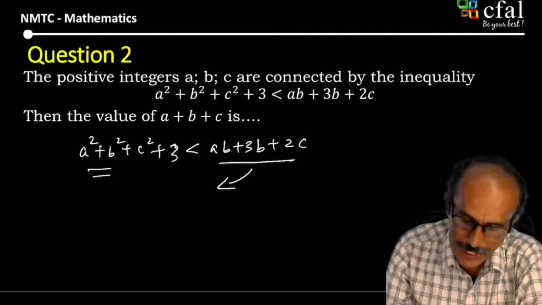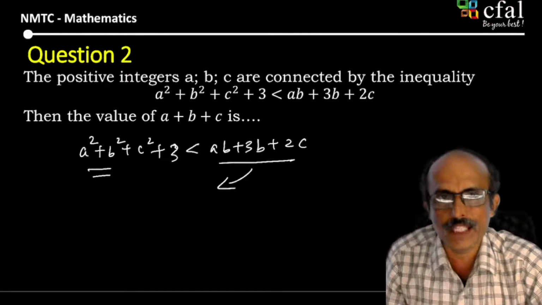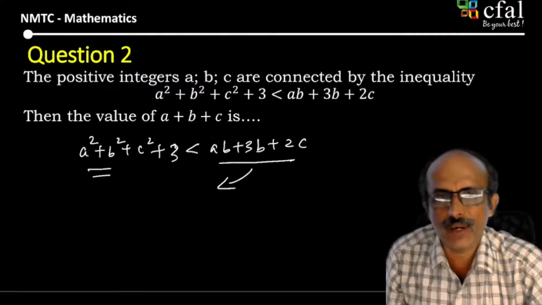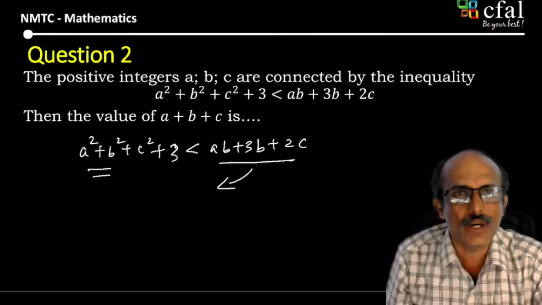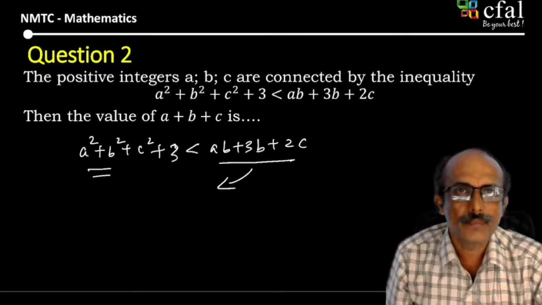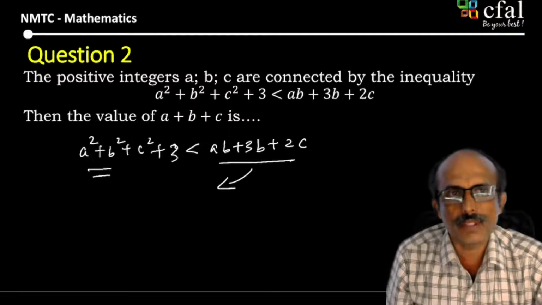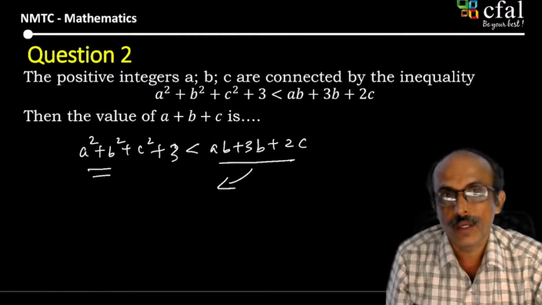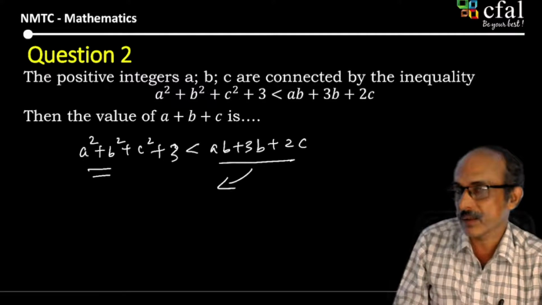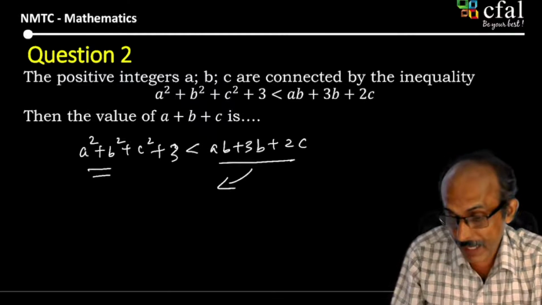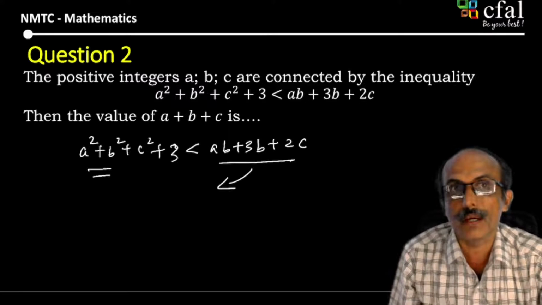Because there are squares, you can expect completing squares, but completing squares is not really working, because we are not having terms conveniently. Like you can't have some terms like a plus b whole square or a minus b whole square. So we have to manipulate it and try to see some completion of square.